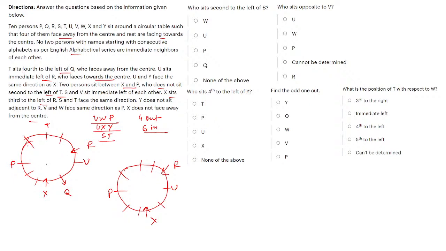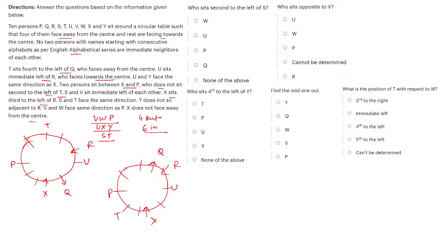So yes, and what should be the another condition? 1, 2, 3, right. So Q is here, 1, 2, 3, T can be here, right. Is there any other condition you are getting here? No, only these two.